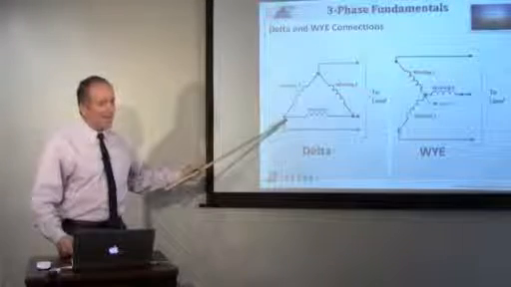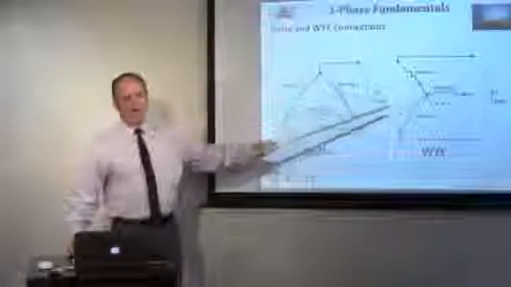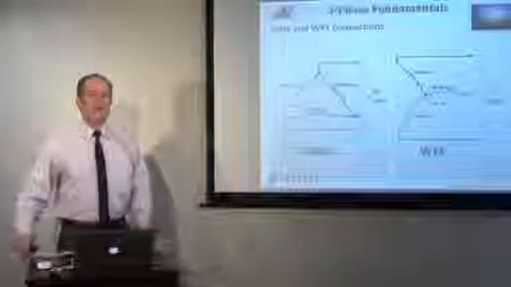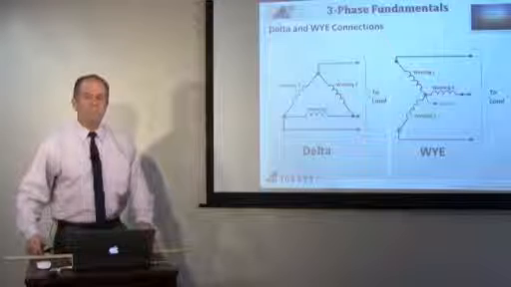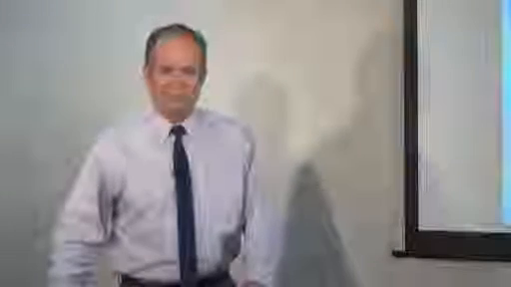Now that's good and bad, okay? The fact that you have a neutral in a Y adds a lot of benefits, especially in distribution, where you have a multi-grounded neutral. If it's grounded and earth is conductive, and a wire fell from the structure down to the ground, you'd cause a ground current.